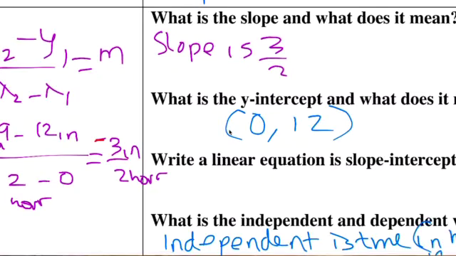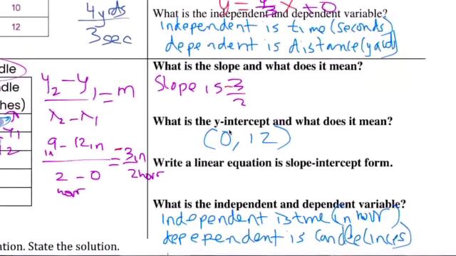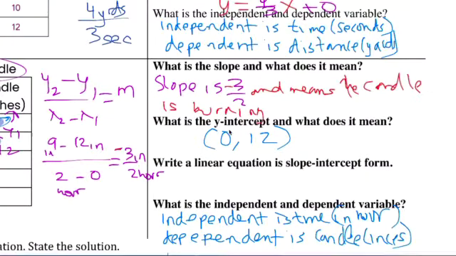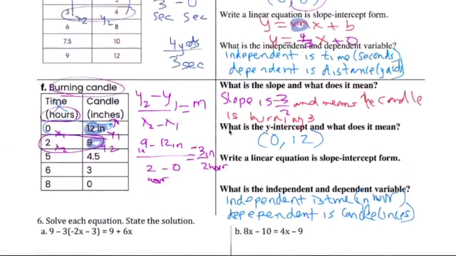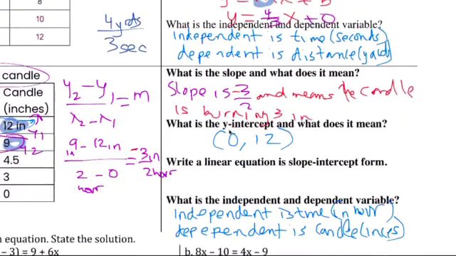It's negative 3 over 2, so the candle is burning 3 inches every 2 hours.